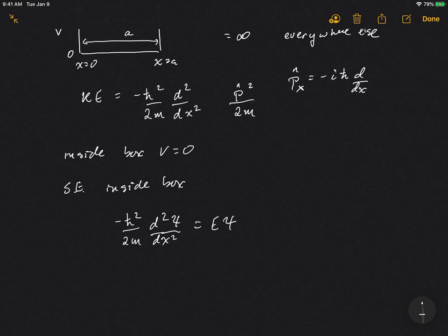So we have H psi equals E psi, where H is the sum of the kinetic energy and the potential energy terms.